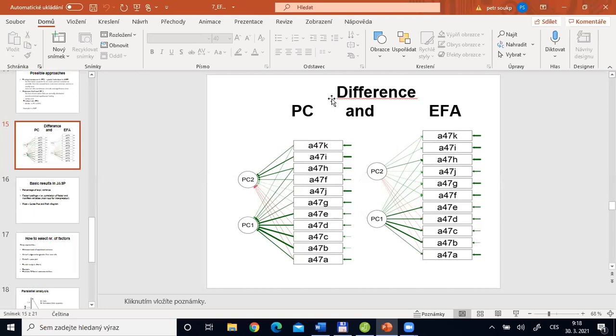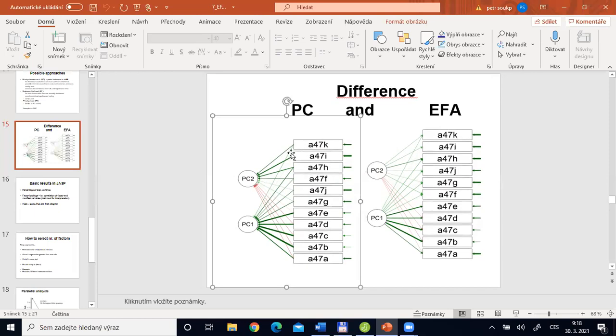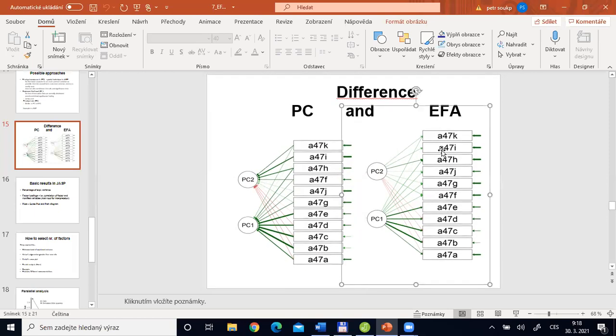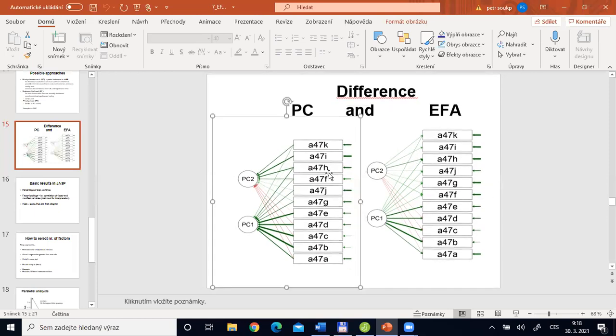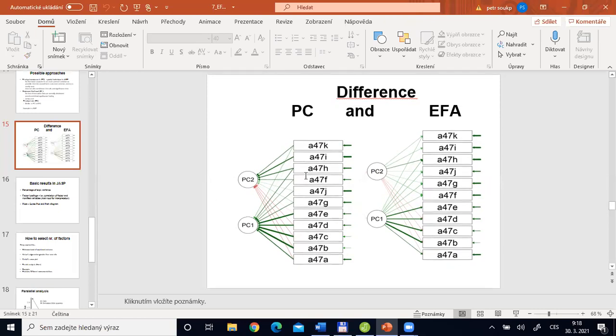So technically, we can exchange principal components and EFA, and that's why these two are somehow mixed in some statistical packages. For example, in SPSS, you would find principal components as part of the EFA dialog. So this is only the last information related to EFA and the discussion about principal component analysis as a very close technique.